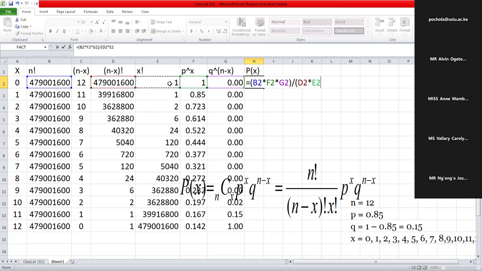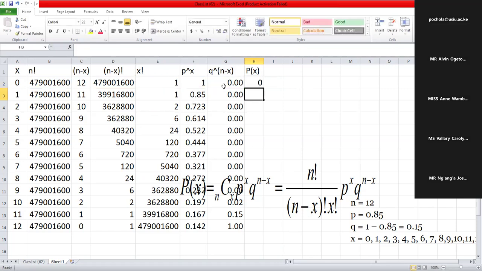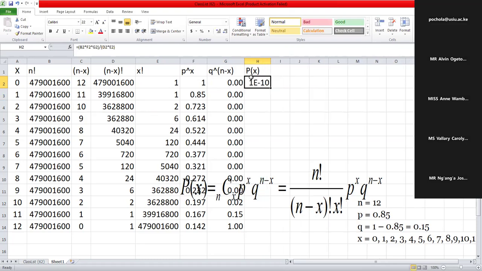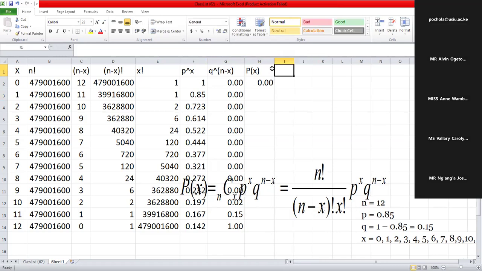Then I close the bracket. So that's the probability that you get 0 successful surgeries, and it is 0, I can tell you for a fact. Even if I do it to 3 decimal places, it is here: 0.